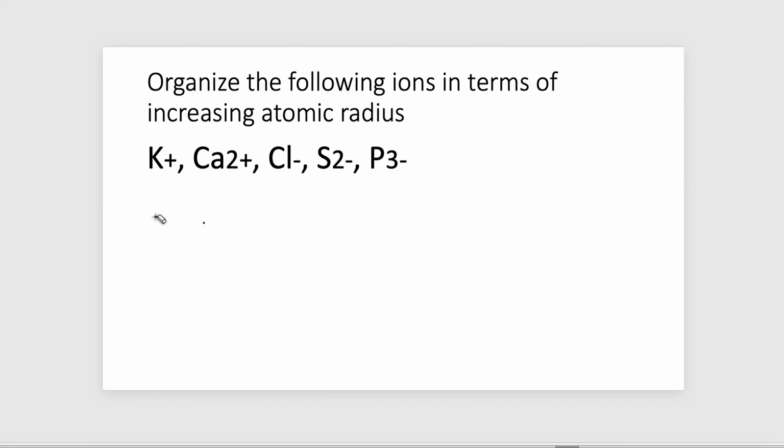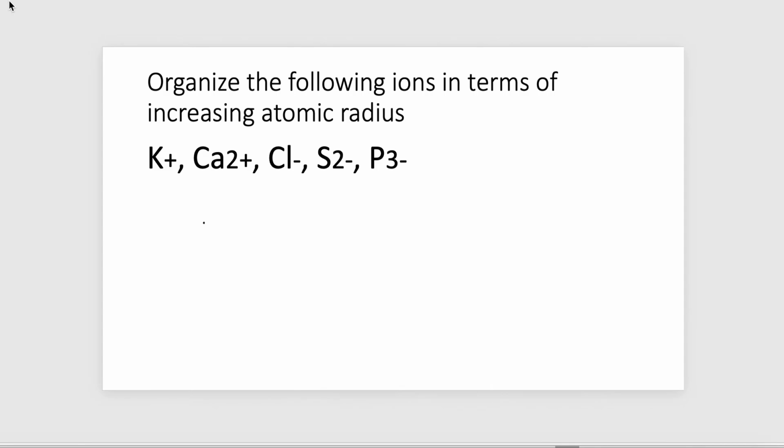Now this problem is saying organize the following ions in terms of increasing atomic radius. The thing with ions is that they don't follow the same trend as in the previous problem, because the previous problem is talking about elements at ground state. But these are ions, they have charges.